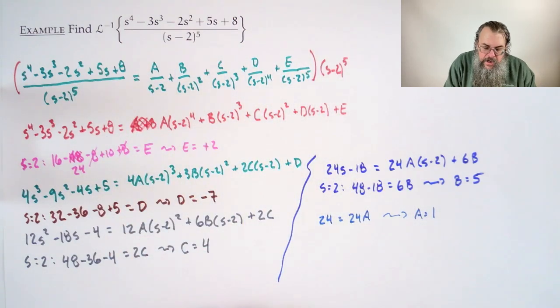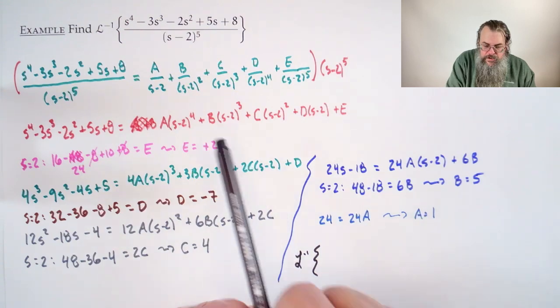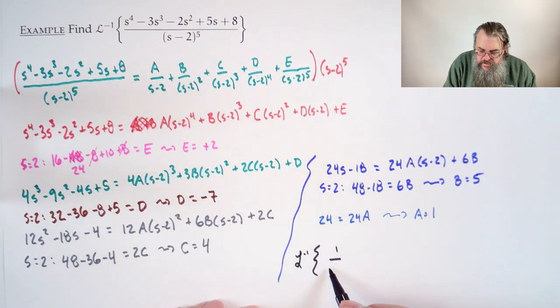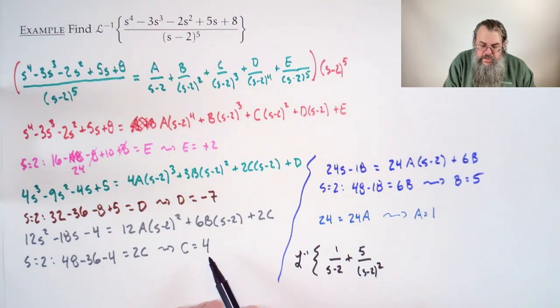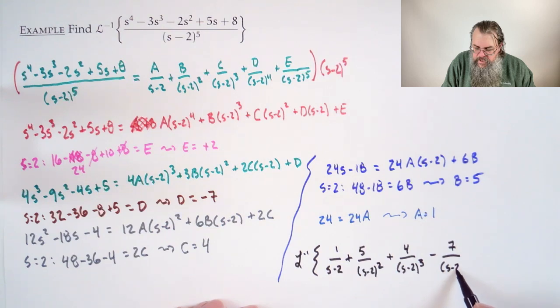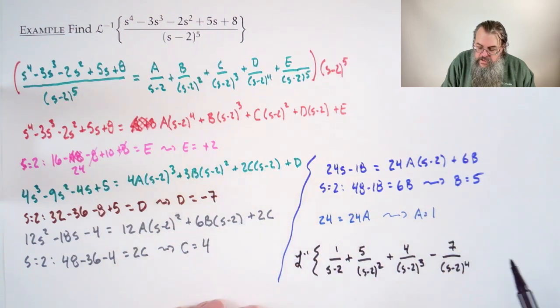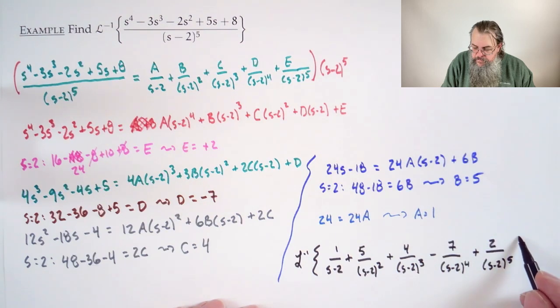So now we can say, aha, our real problem is, let's find the inverse Laplace of 1 over s minus 2, plus 5 over s minus 2 squared, plus 4 over s minus 2 cubed, minus 7 over s minus 2 to the fourth, and finally plus 2 over s minus 2 to the fifth.